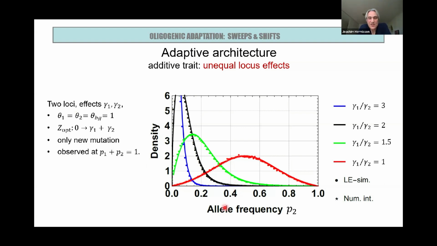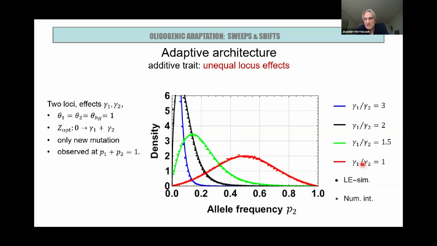And what's shown here is the allele frequency of the locus with the smaller effect size. This is enough because these sum up to 1 anyway, so the larger effect size is just a mirror image. You can imagine a mirror image for the larger locus, but we've not included it to keep the figure a bit easier.